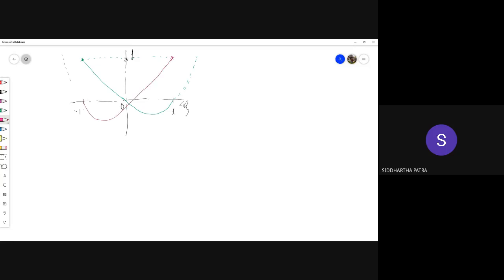And you can also imagine the extended part of the parabola. Again, the drawing is pretty inaccurate. They must pass through the origin, and the shape is also not correct. Now, for the second shape function, this is what it must look like. It has a value of 1 in the middle, but at the two boundary nodes, the values are 0. So this one is n2, this one is n1, and this one is n3.